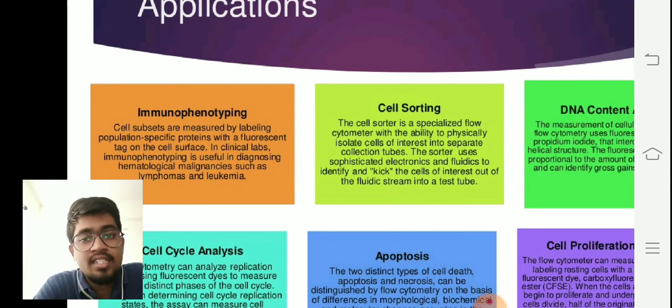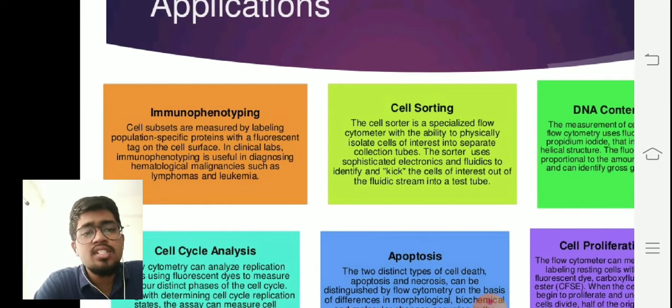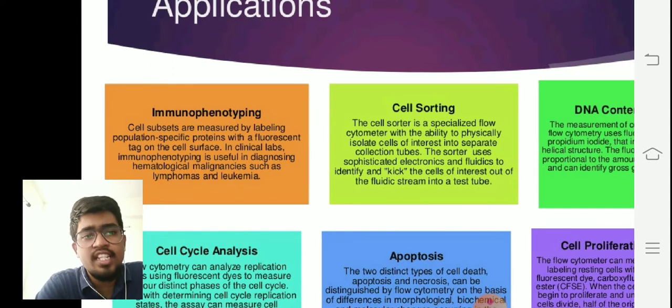It can sort and separate cells according to their size, physical properties, or any other kind of analysis. The sorter uses sophisticated electronics and fluidics to identify and kick the cells of interest out of the fluidic stream into a test tube.